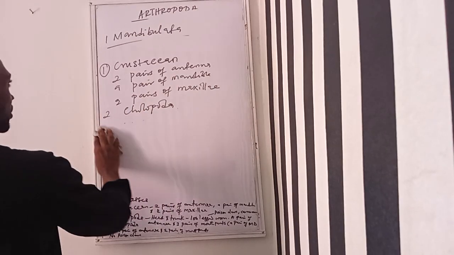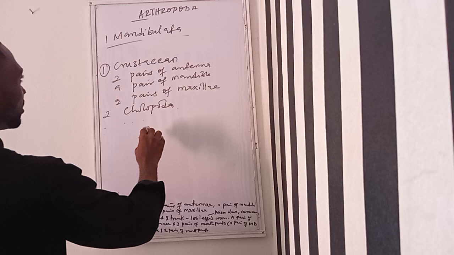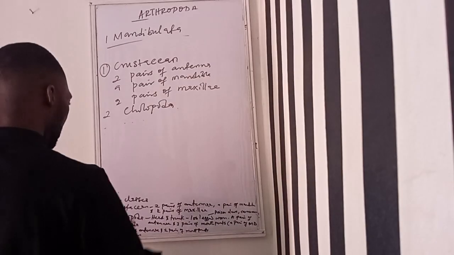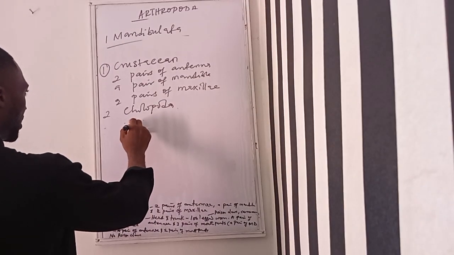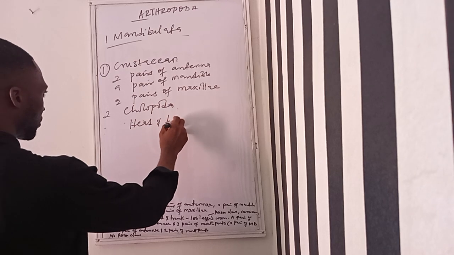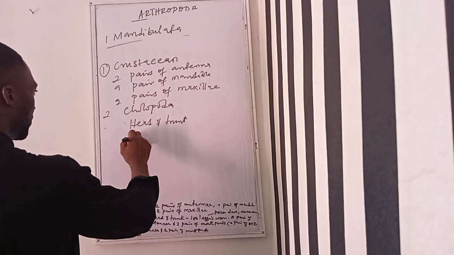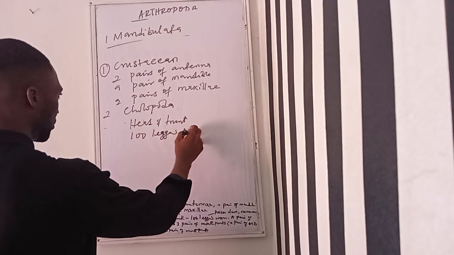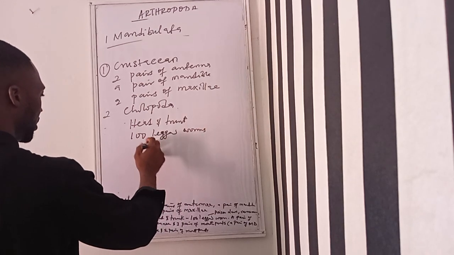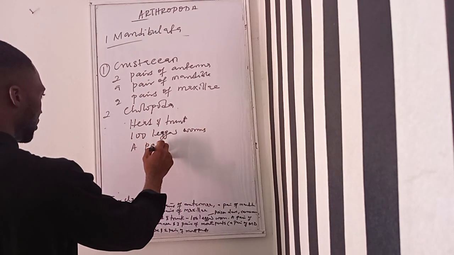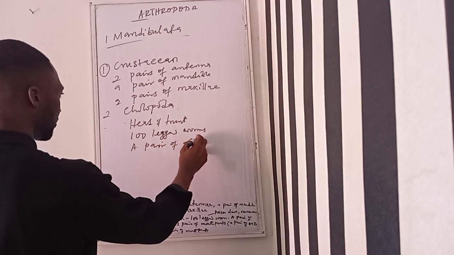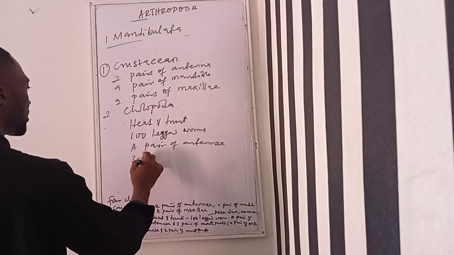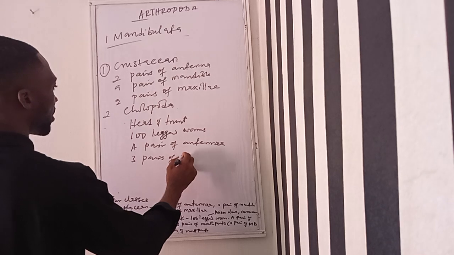So what I wrote about the Chilopoda first is that the body is divided into head and trunk, and of course I've mentioned that they are 100-legged worms. Then they have a pair of antenna, and three pairs of mouth parts.